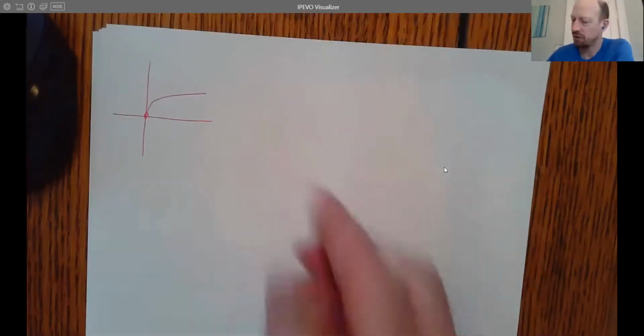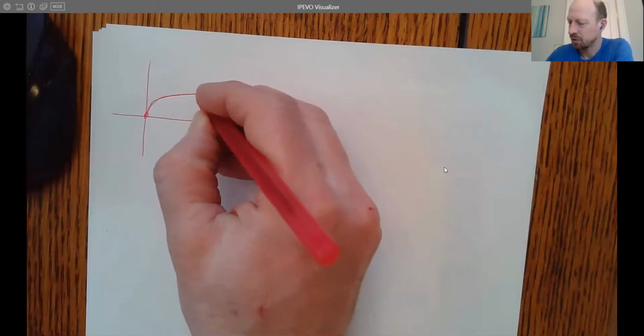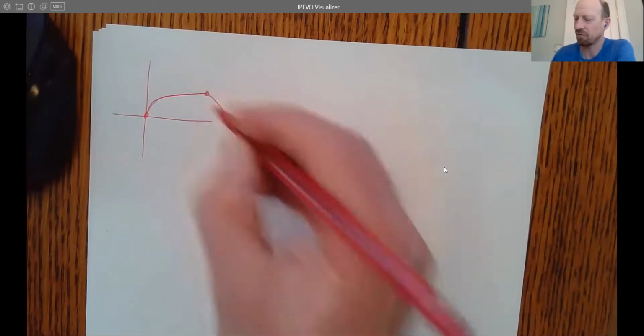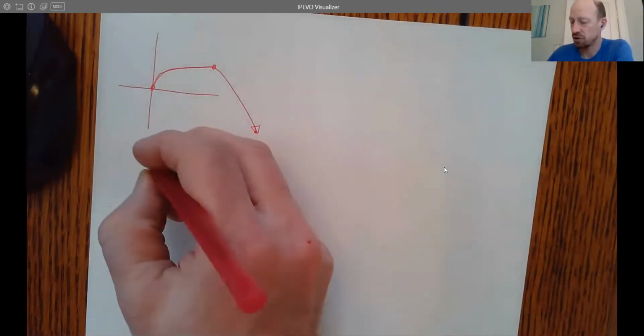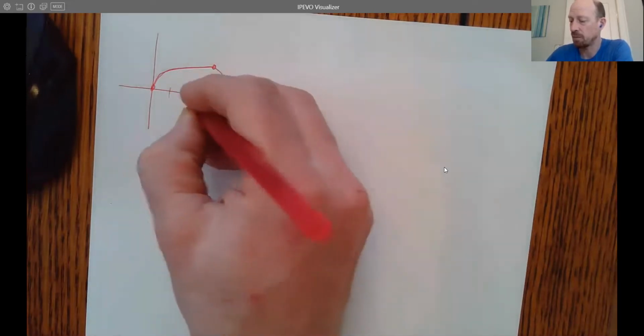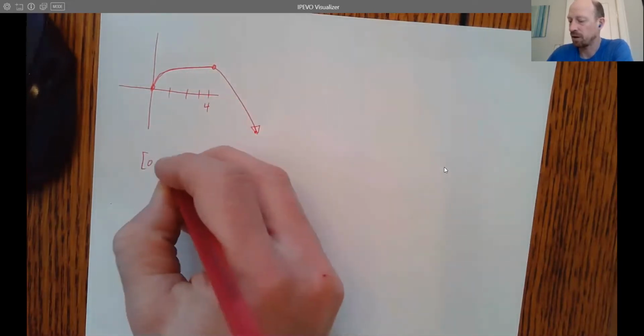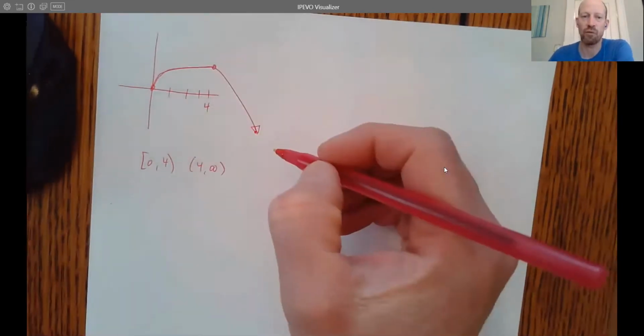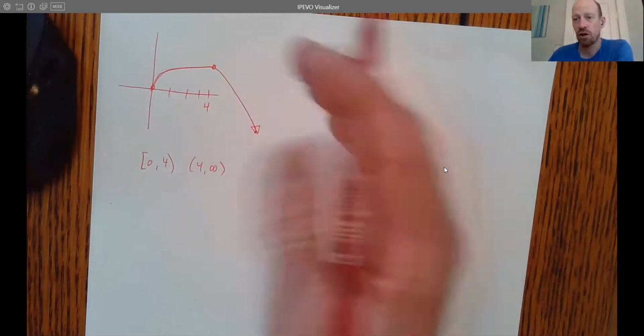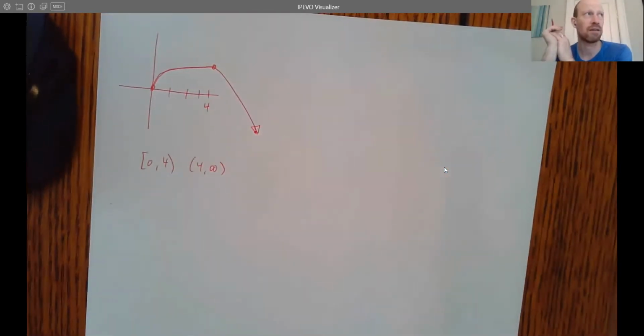Maybe you had something combined with the square root function and it looked like this, then it might look something like this, right? If you had a critical point there at 4, I just made up a graph. So your function may be restricted to a domain, and in that case your critical points would still cut that domain into pieces, but the domain might not be minus infinity to infinity.